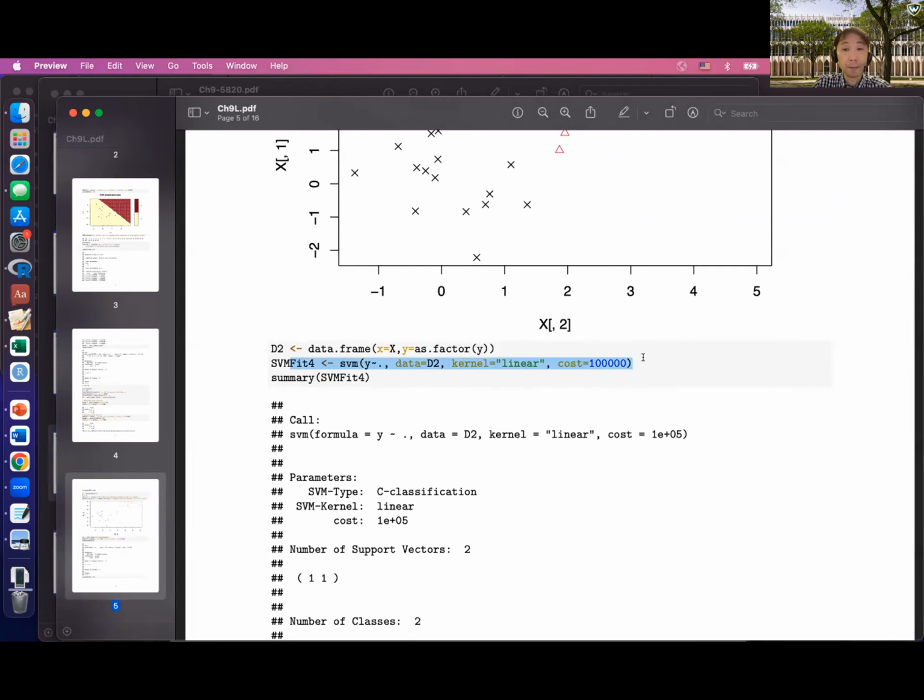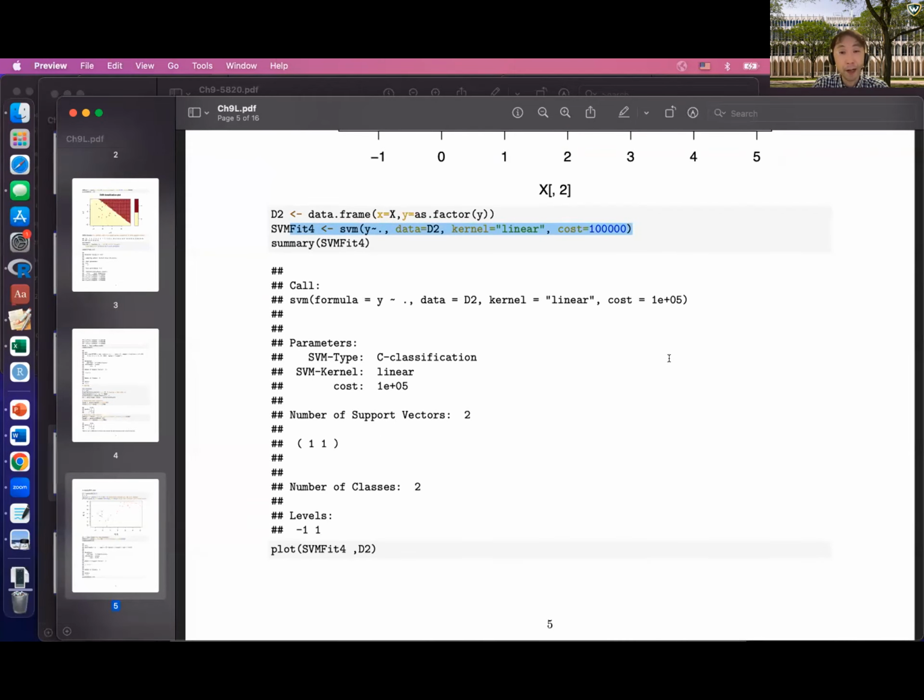Then we fit the support vector machine. I set a large cost because we know this is linearly separable. We don't need C. A large cost corresponds to a small C, so an extremely large cost should be fine.